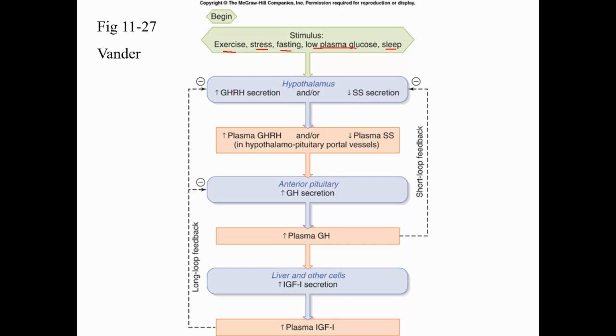If you increase GHRH, that goes in the portal system to the anterior pituitary, we get growth hormone secretion. Growth hormone goes to the liver, the bone, the muscle, all sorts of tissues. We get IGF-1. IGF-1 is going to increase cell division. And when IGF-1 is at high enough levels, it's going to feed back and inhibit the anterior pituitary and inhibit the hypothalamus.